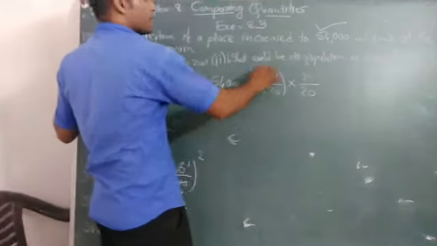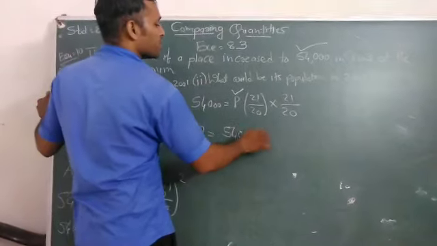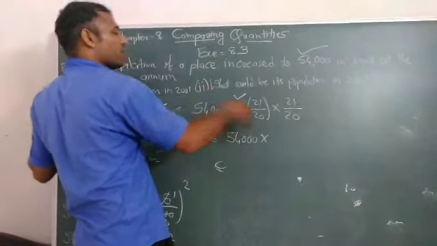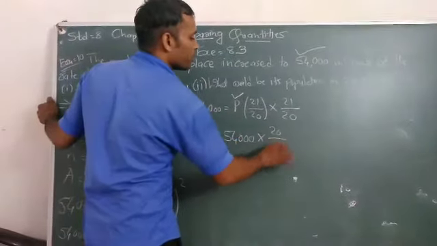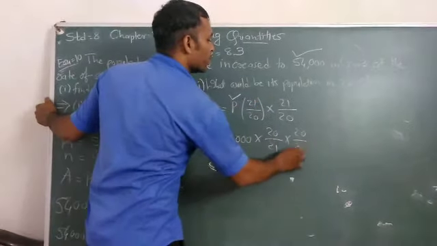So now make it subject of P. 54,000 as it is. 21 upon 20 is converted into 20 upon 21.